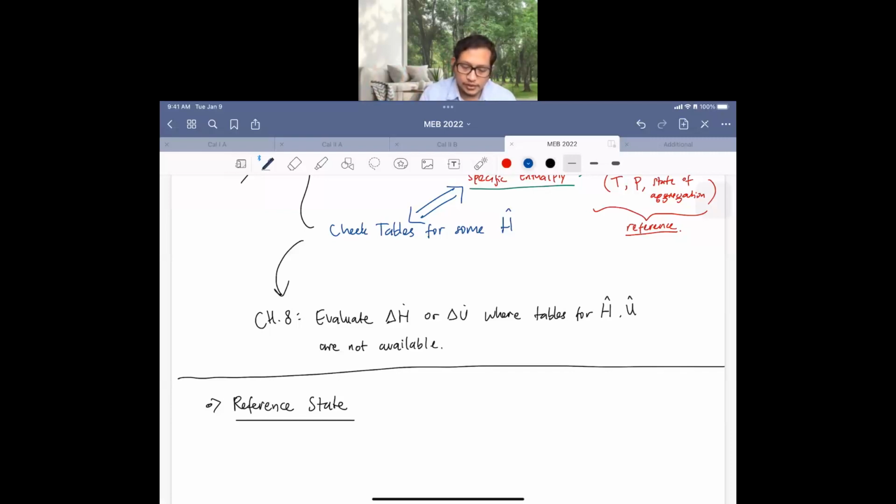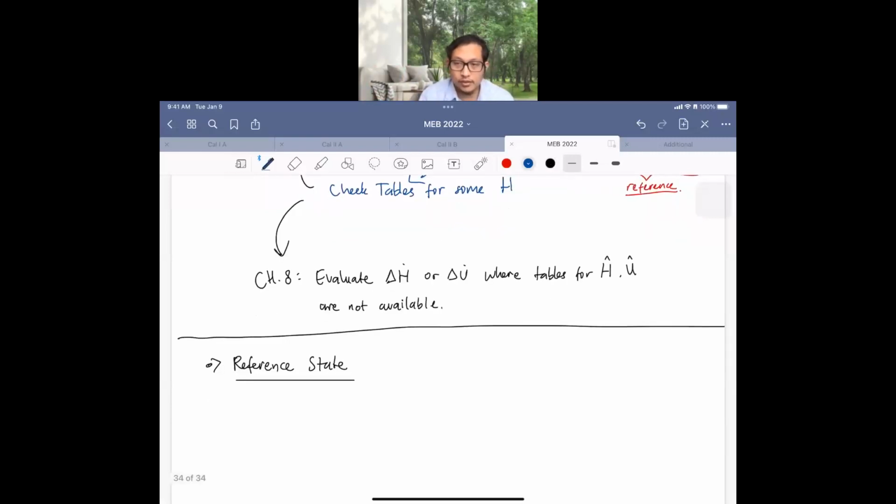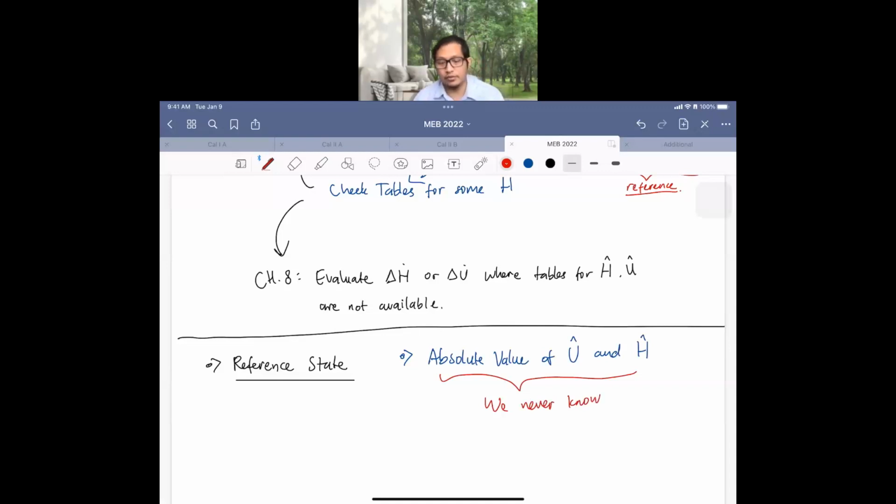First, the idea that we need to keep in mind is that the absolute value of the specific internal energy and the specific enthalpy, we never know. We may never know the absolute value.